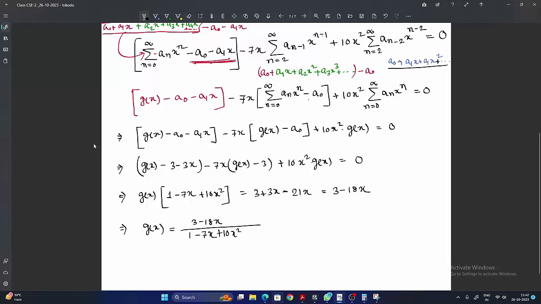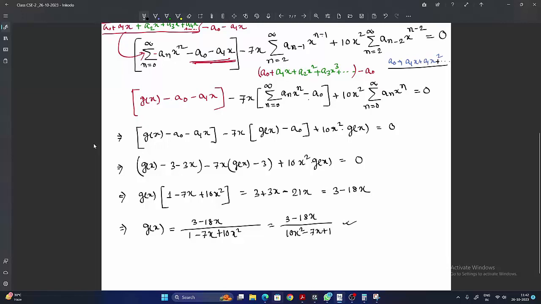Okay, so that is the expression you will get, 3 minus 18x. You can take that 3 common, but it will also be okay. 10x squared minus 7 of x plus 1. Okay, that is the function.